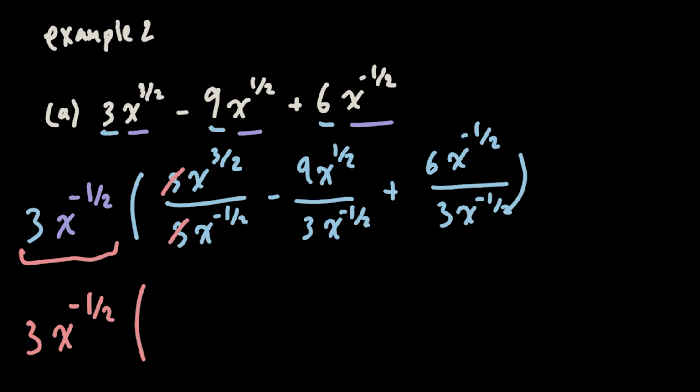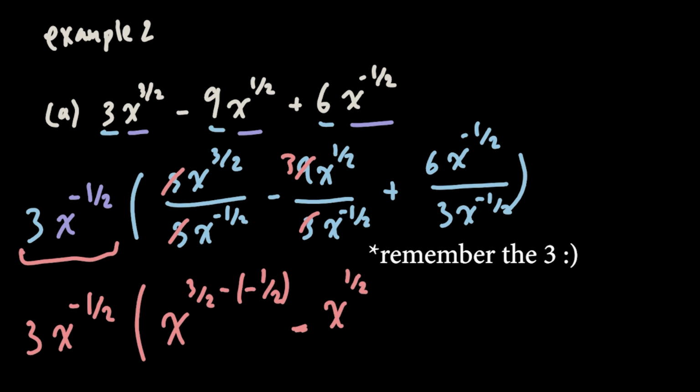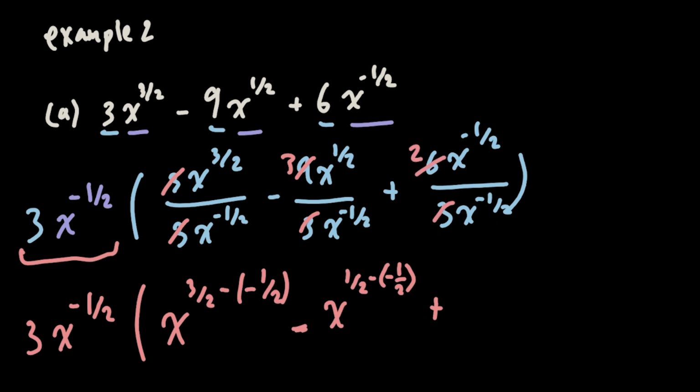Here we will just subtract the powers, so we'll have x, here we have a 3 over 2 minus 1 over 2, minus, here this 9 would be 3 and this 3 would be cancelled, so we will have x to the power 1 over 2 minus 1 over 2, plus this 6 would be 2, this 3 would be gone, and this x to the power minus 1 over 2 and this x to the power minus 1 over 2 would be cancelled, so we'll get just 2 here.